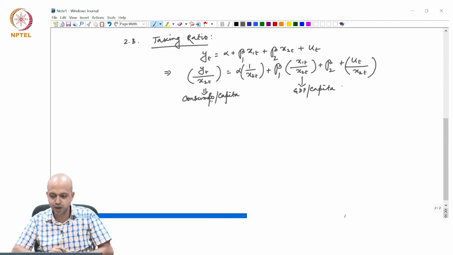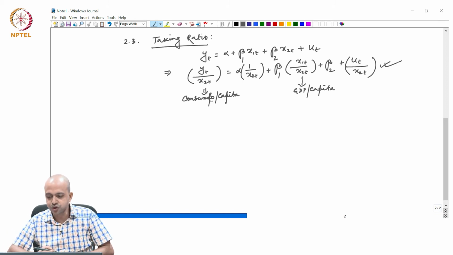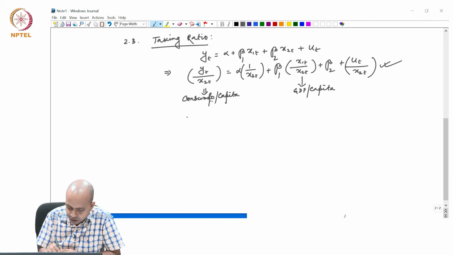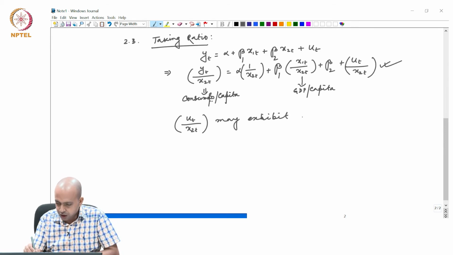But what is the cost here? The transformed error term, which is u t by x 2 t, may exhibit heteroscedasticity.